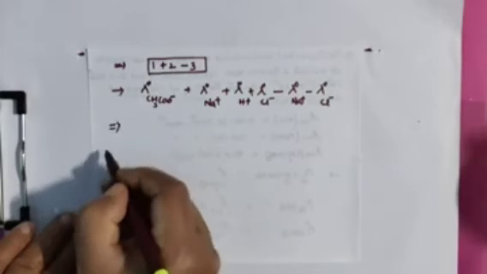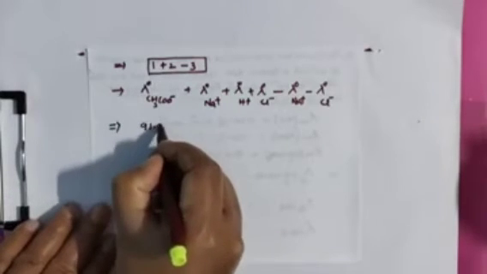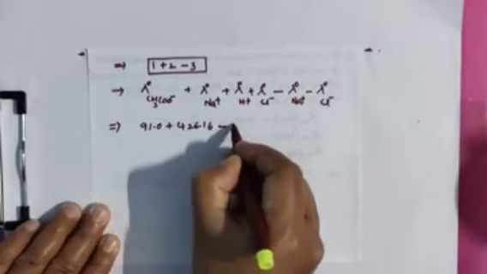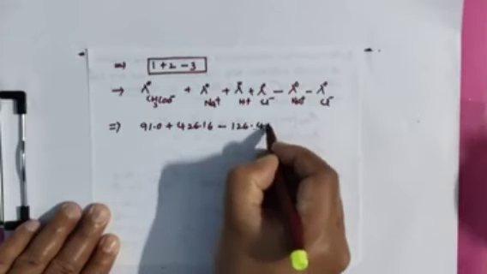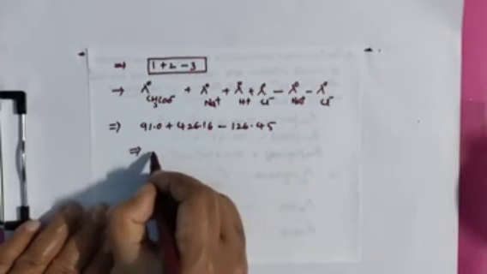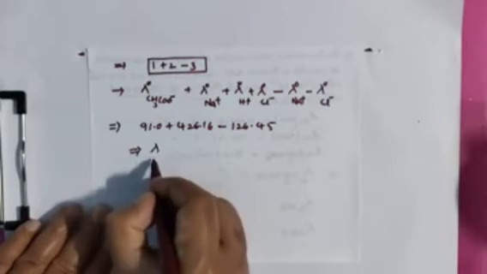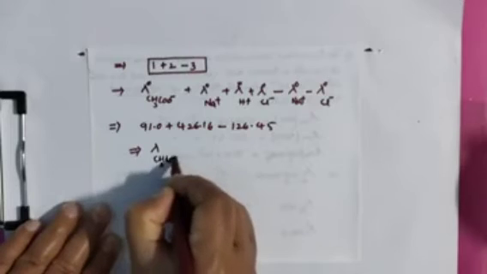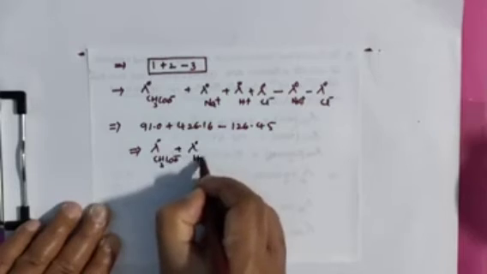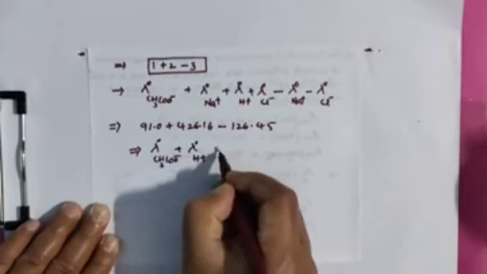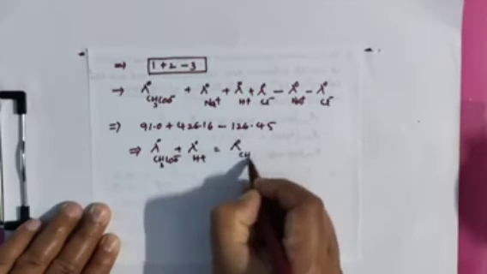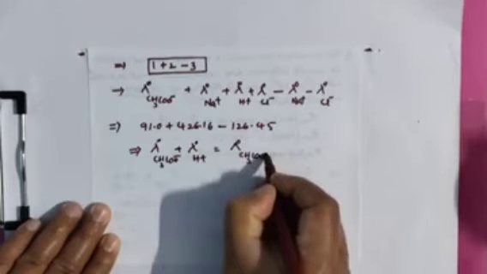Now substitute the values: 91.0 plus 426.16 minus 126.45. That implies lambda CH3COO minus plus lambda H plus is equal to cap lambda CH3COOH.